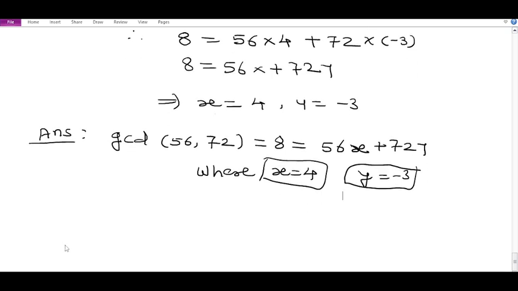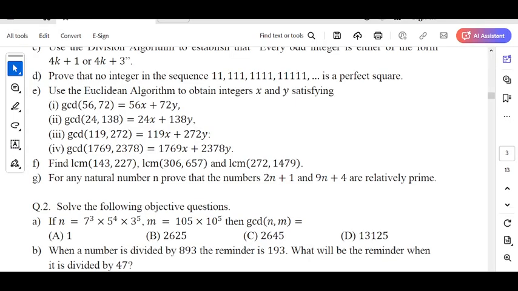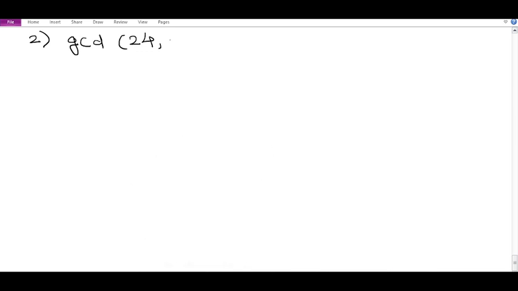Second example: GCD of 24 and 138. Express this as 24x plus 138y.